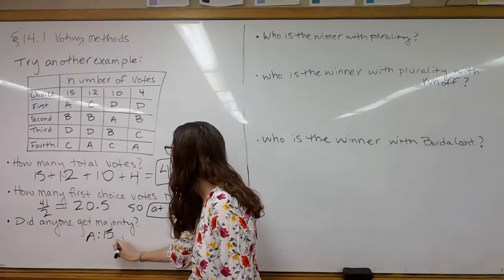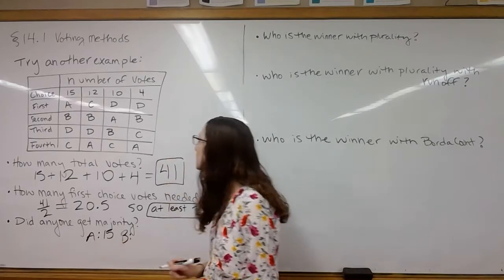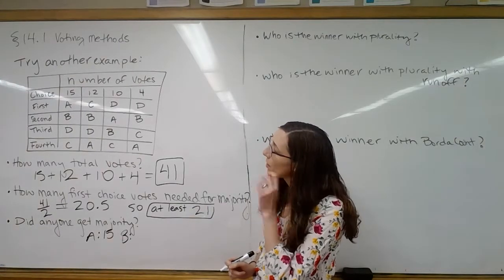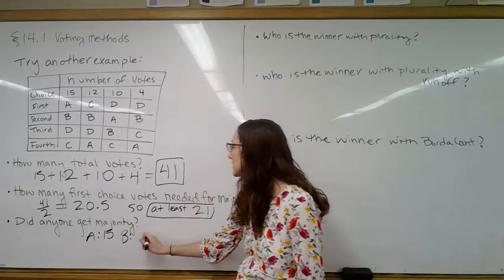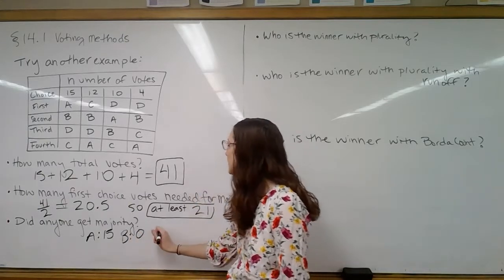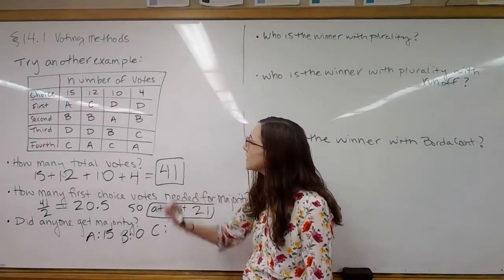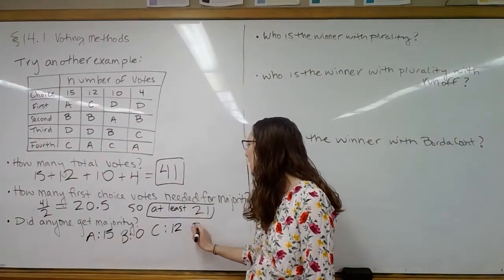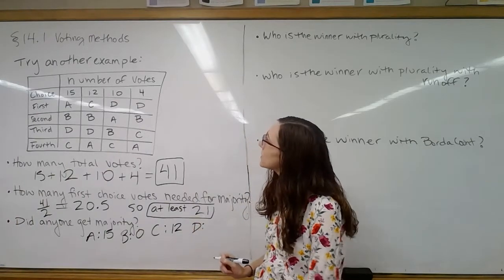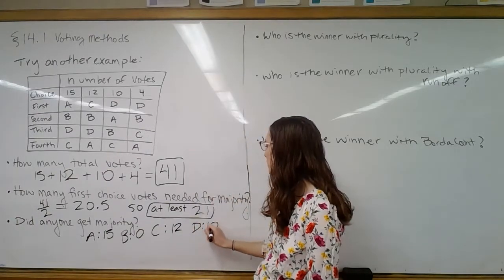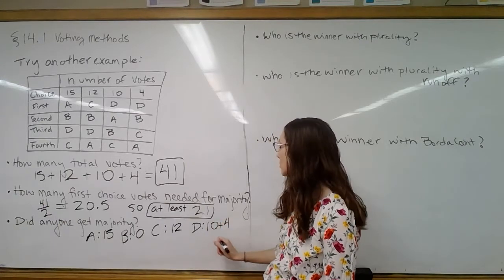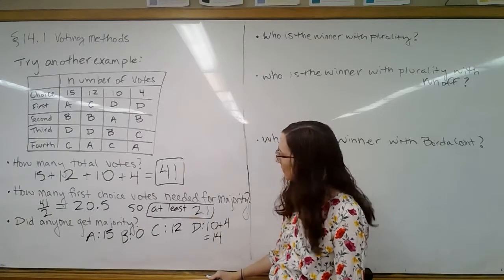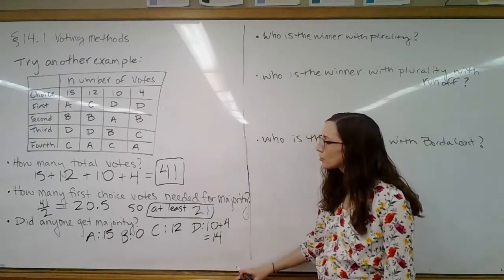Let's look at B. B is actually not on top anywhere, so they get 0 first choice votes. C is on top in the second column, so they're first choice for 12 voters. And D is first choice in the third and fourth column, which means 10 and 4, which is 14 total voters.